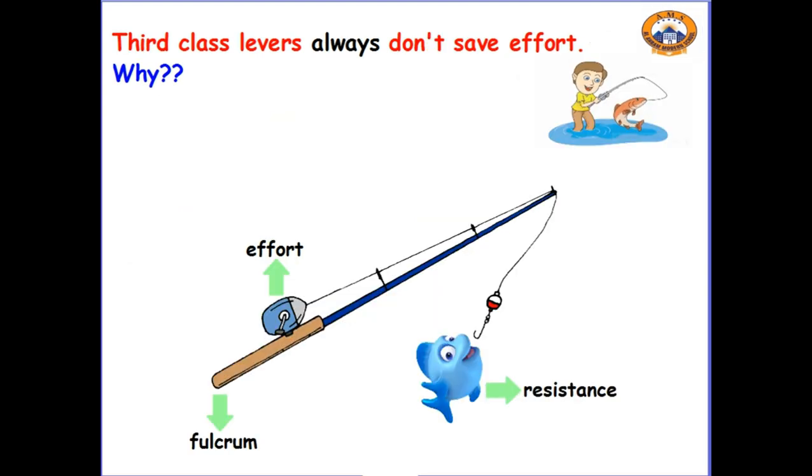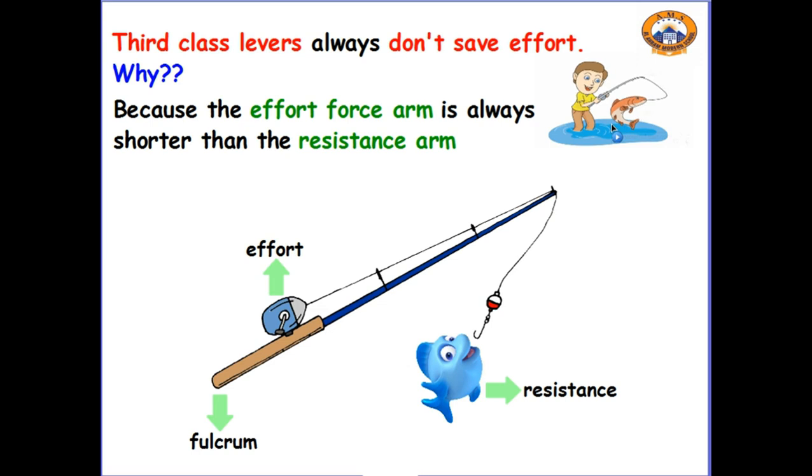What about the third class levers? No, the third class levers never save effort. Why? Because in that case, the effort force arm is always shorter than the resistance arm. Let's take an example, the fishing tool. Here is the fulcrum, here is the position of the effort force, and here is the resistance.